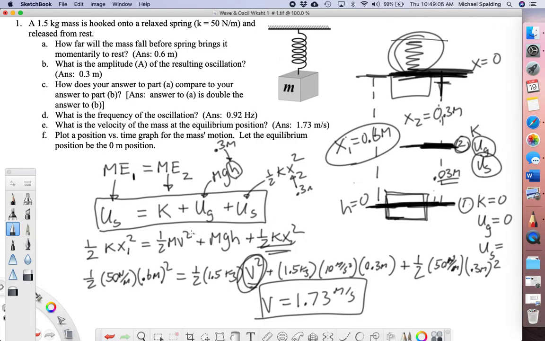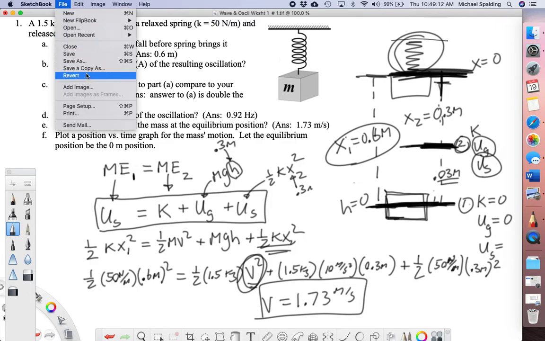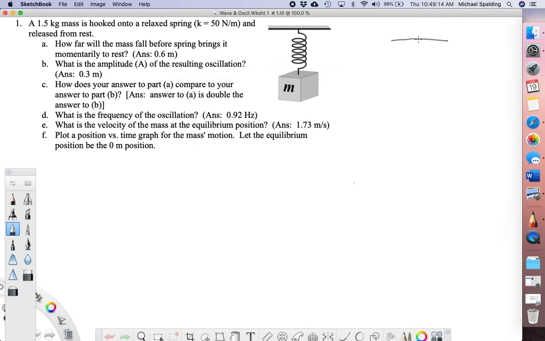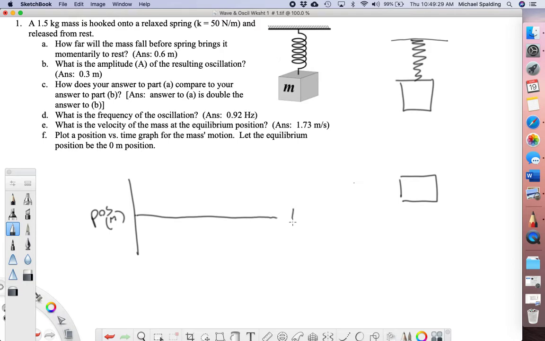Okay, last question. Plot a position versus time graph for the mass's motion. So let's revert this, do it one more time. Our mass spring starts right here. Now, we're going to create a position, which is measured in meters, versus time graph, measured in seconds.